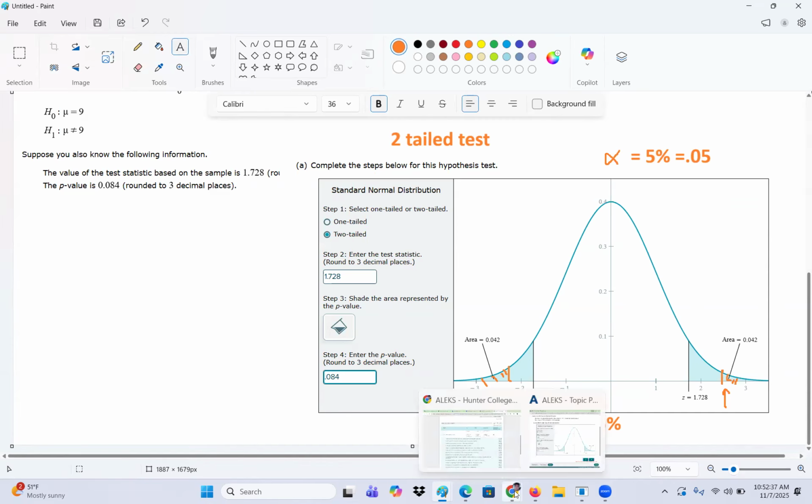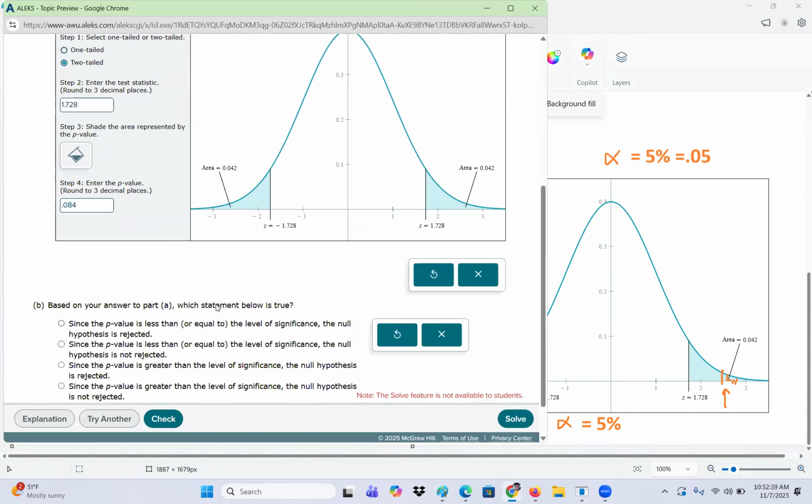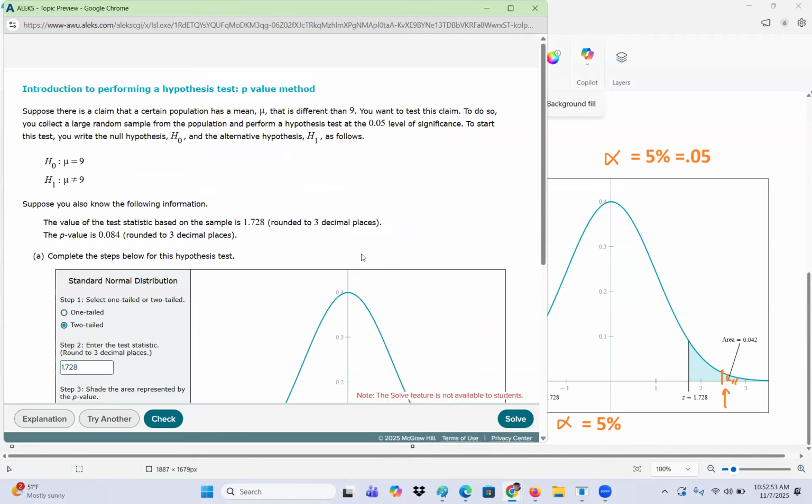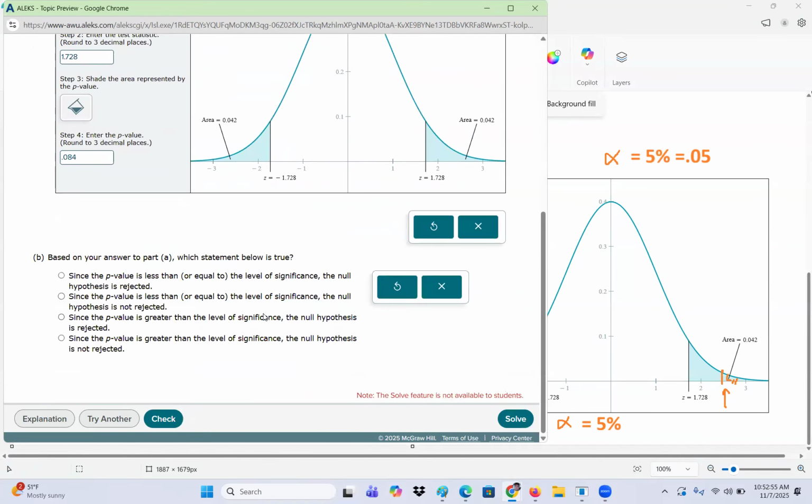In other words, we're going to say the p-value is greater than the alpha, which is 5%, the alpha that we took. So we cannot say anything. So the null hypothesis will not be rejected. Okay, as simple as that.